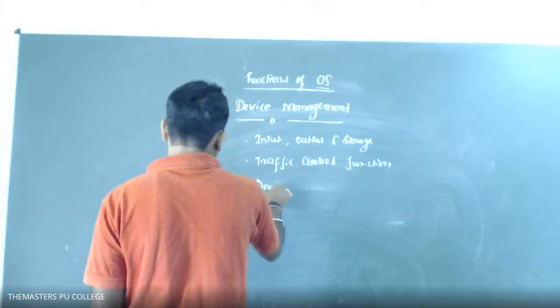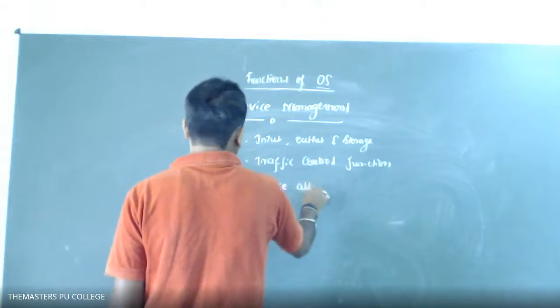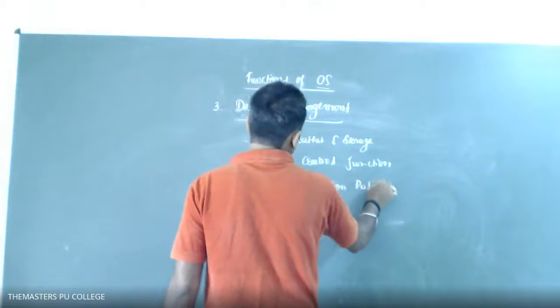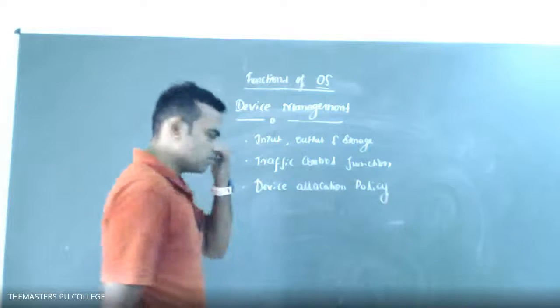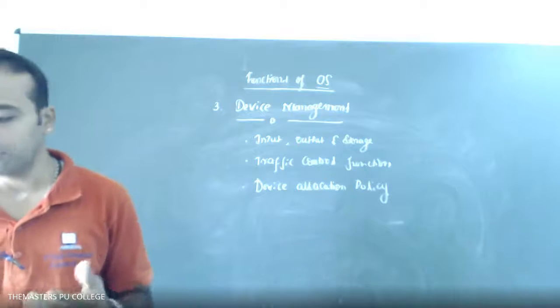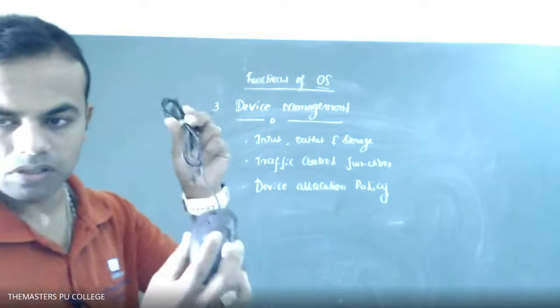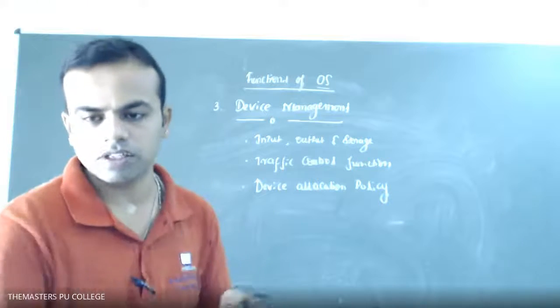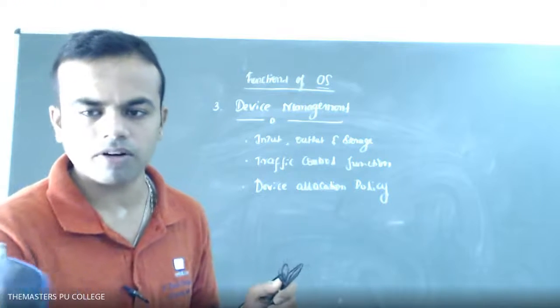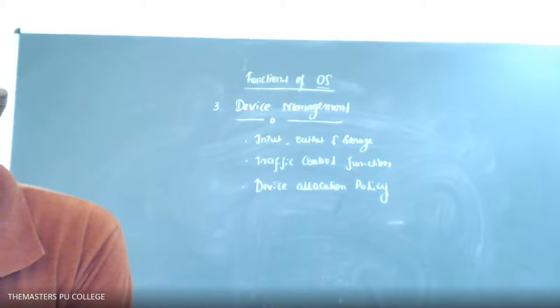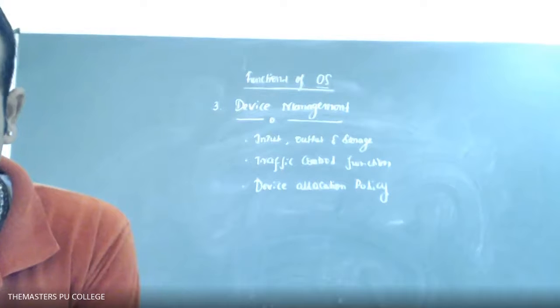Next, device allocation policy. You can add or insert any devices. You see this, this is a new mouse. You can get it connected. I already have one mouse here, so one more mouse can be connected.